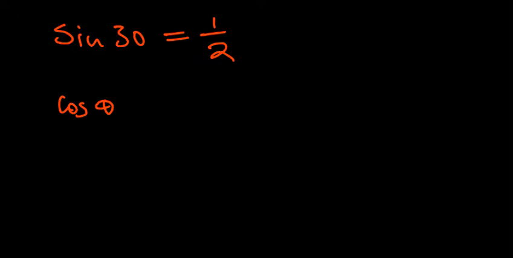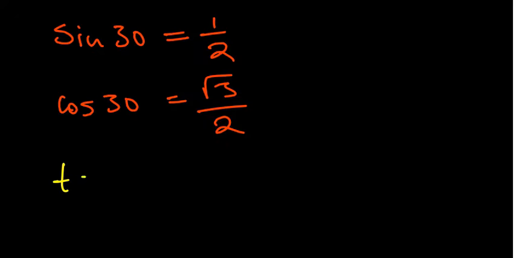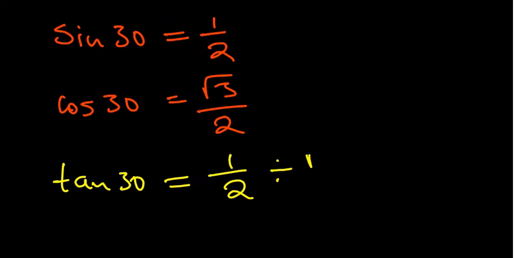Whenever you're talking about sin theta, from the first video, sin theta is equal to 1 over 2 and cos theta is root 3 over 2. So if this is the case, we expect that tan theta will be 1 over 2 divided by root 3 over 2.